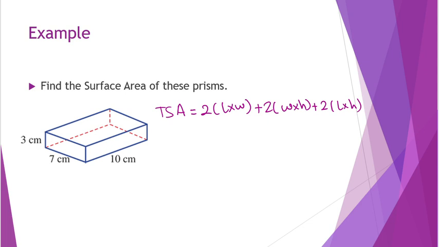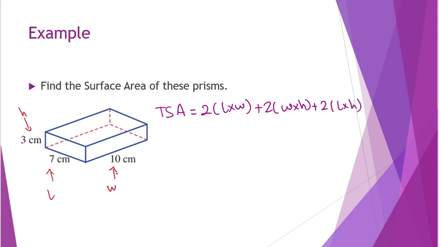Let's start off by writing out what our length is going to be. I know this 3 centimeters is my height. I'm going to call my 7 centimeters the length, and I'm going to use my 10 centimeters as the width.